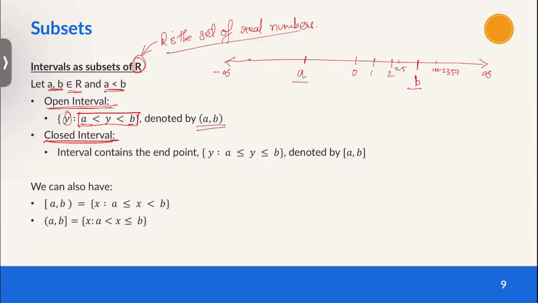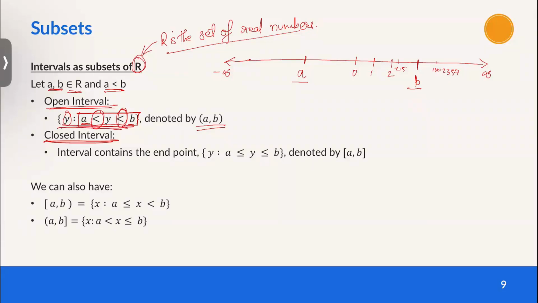Now you have to see one very important thing here. Y is greater than A, not greater than or equal to. And Y is less than B, not less than or equal to. So it will contain all the numbers in between A and B, excluding A and B. A and B will not be part of this set, right?